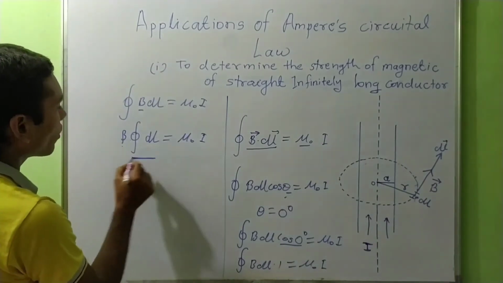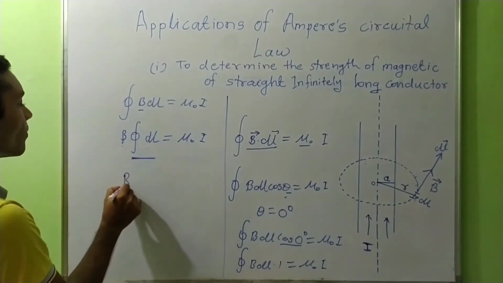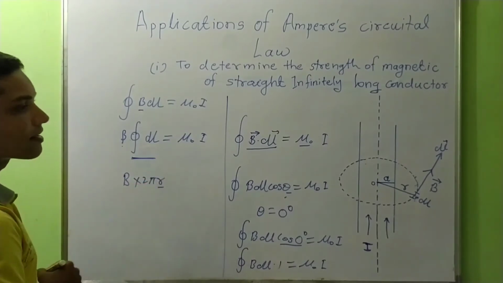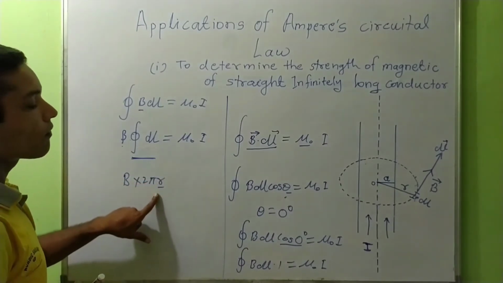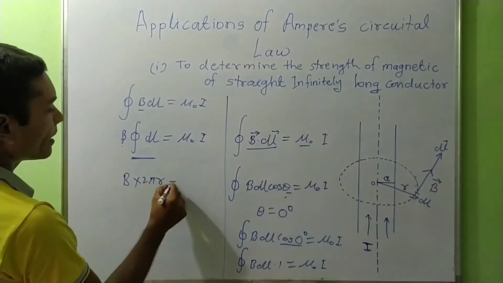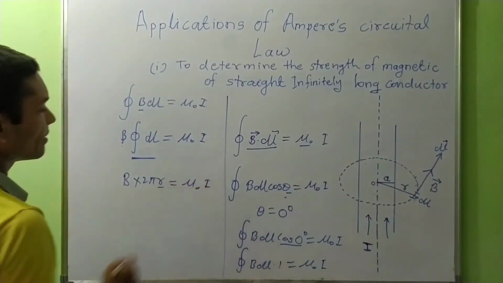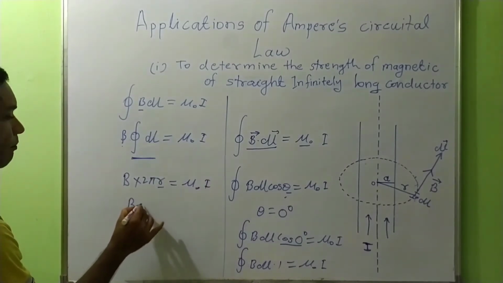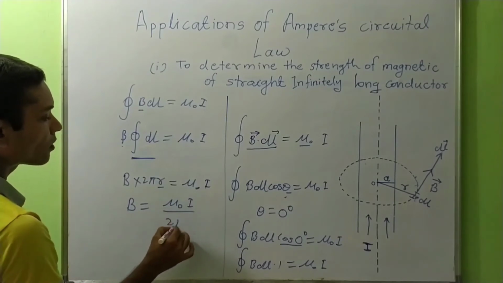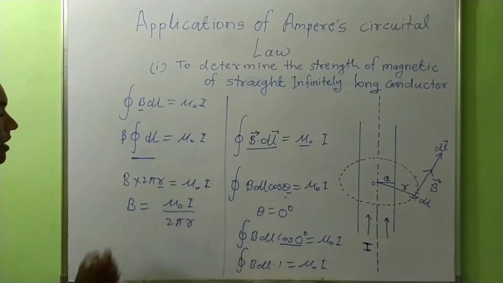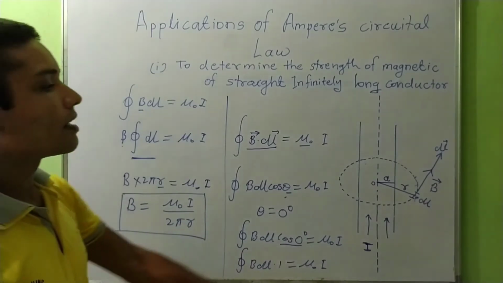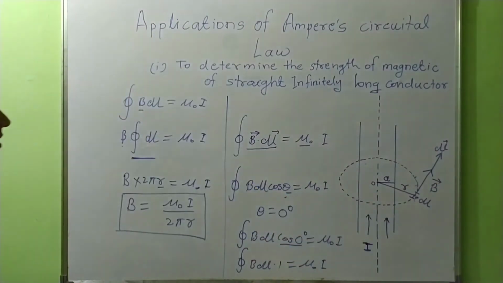That's why the value of integration dl will be 2 pi r, where r is the radius of the circular loop. Okay, and so B will be equal to mu naught I upon 2 pi r. This is the magnitude of magnetic field at point P.